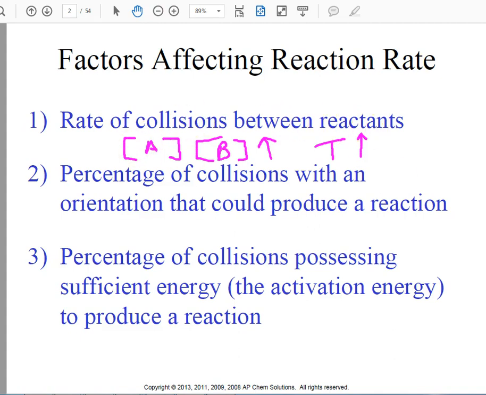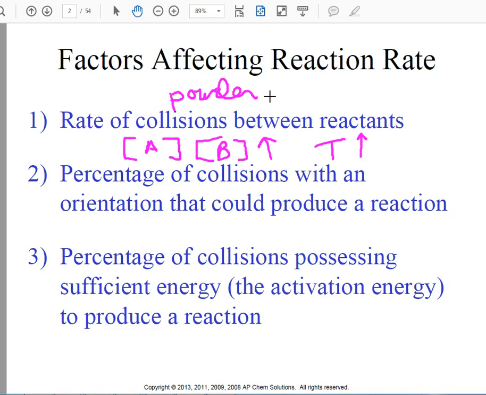Now, some things we don't necessarily have control over, but we can modify in some ways. For example, if something is a solid versus something that is a gas, those gas particles are obviously going to collide more than the solid particles, which are kind of locked in place. However, we can create a powder from a solid, and so that would give it more places where it could react.